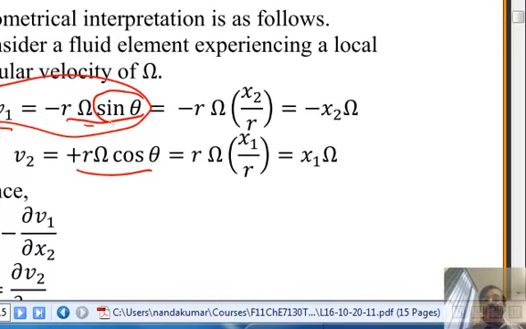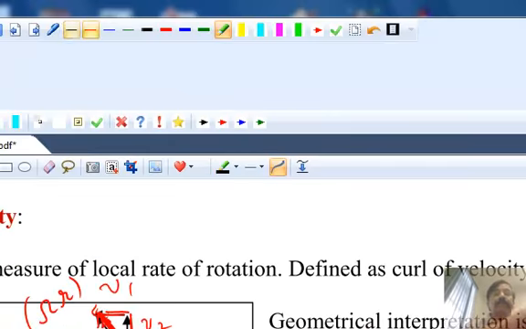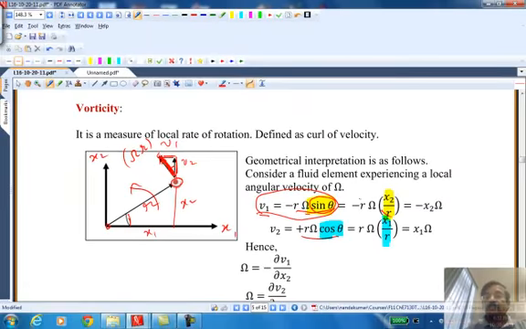Then use the fact that sine theta is the same as x2 over R, and cos theta is the same as x1 over R. So the R will cancel out in both places, and what you get is minus x2 omega, x1 omega. That's an estimate of the two velocity components when the fluid is rotating with an angular velocity of omega at a distance x1 and x2 from the origin.